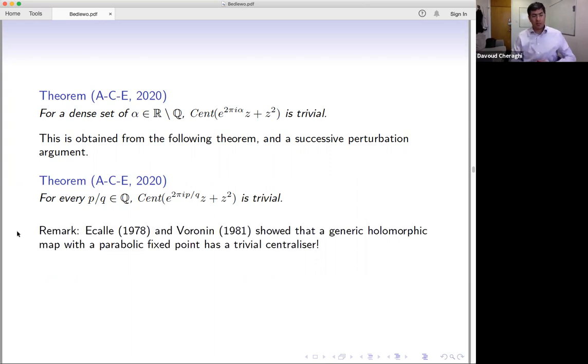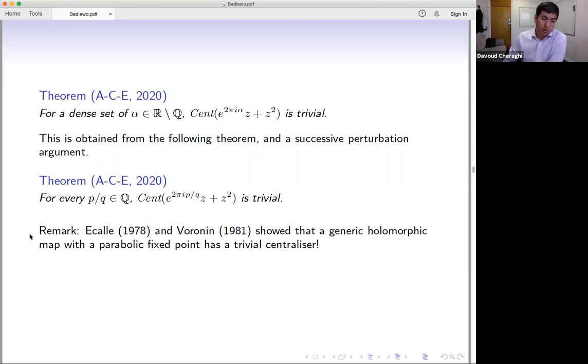Maybe I should mention at this point that Ecalle and Voronin have a very general theory of these parabolic elements. They show that for a generic holomorphic map with a parabolic fixed point, the centralizer is trivial. So you may wonder why that does not apply here, and then doing a successive perturbation, you get this result. It's because for Ecalle and Voronin, you need to fix the rotation number. You fix the linear term, and then for generic values of the higher order terms, you have a trivial centralizer.